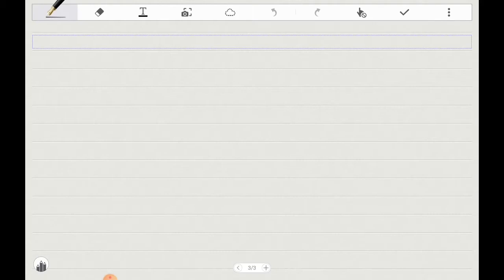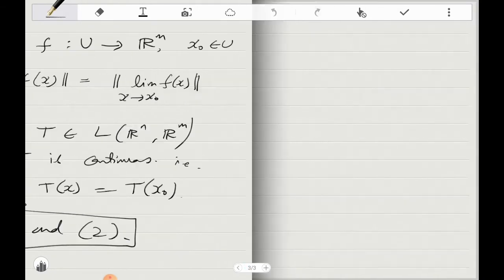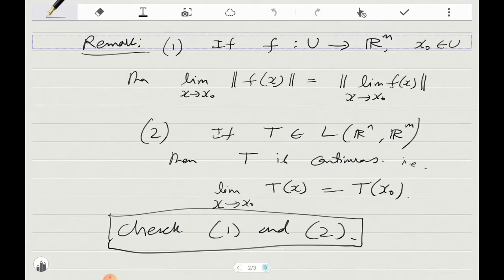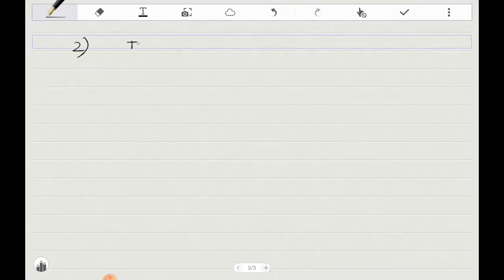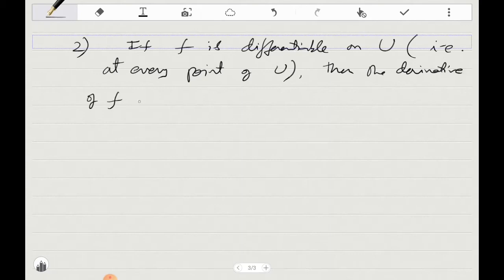Now, there's something else. In the other overall remarks about derivatives, if f is differentiable on U, this means at every point of U, then the derivative of f is a function from U. At every point of U, I'm going to get a linear transformation, namely the derivative.